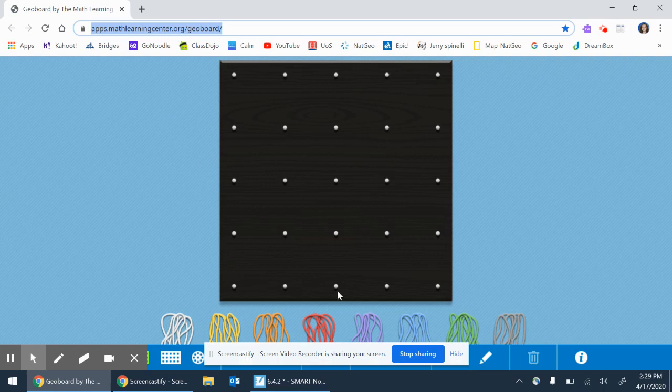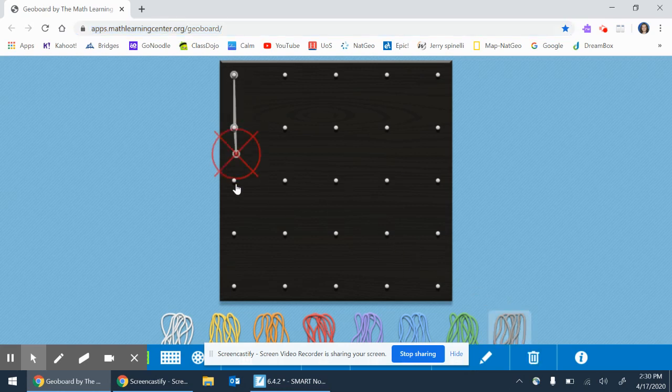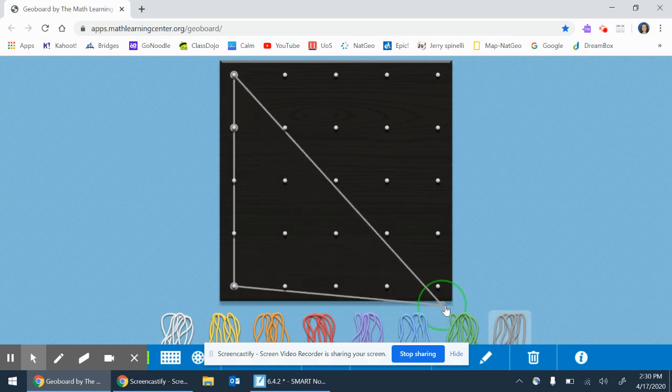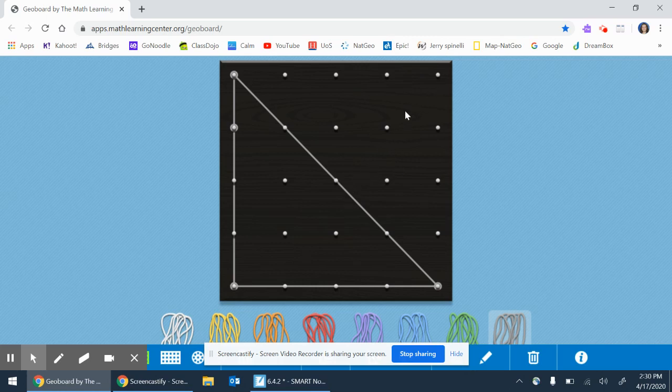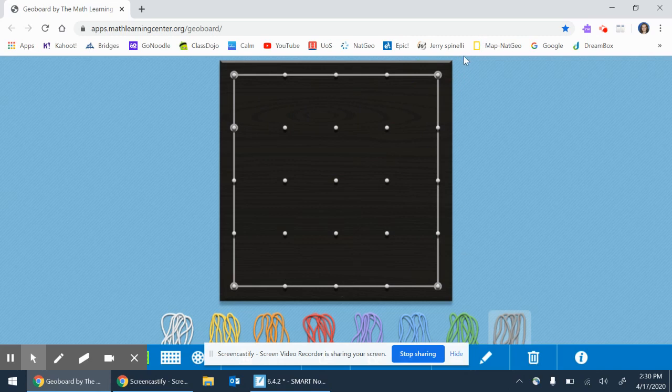So I want you to think about this geoboard here. I want you to think about this whole geoboard as one whole.